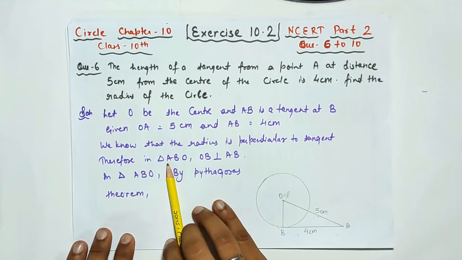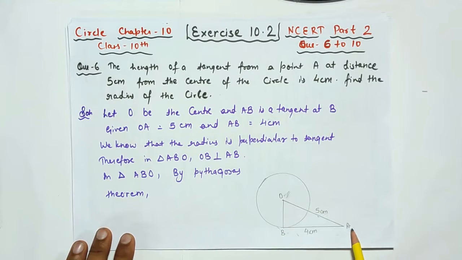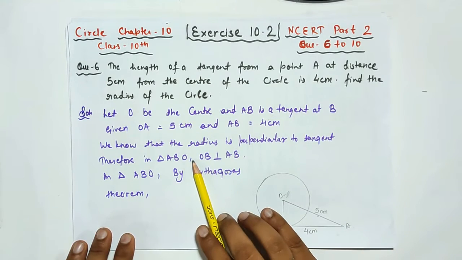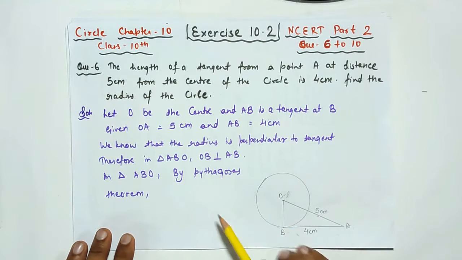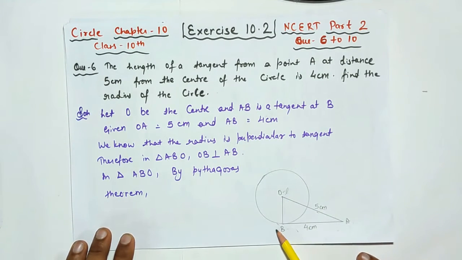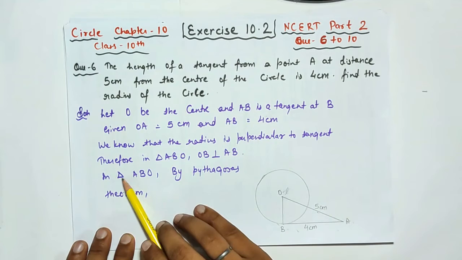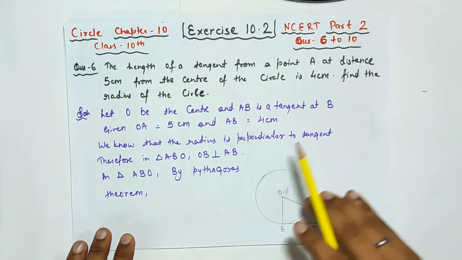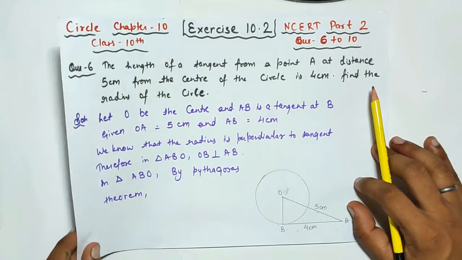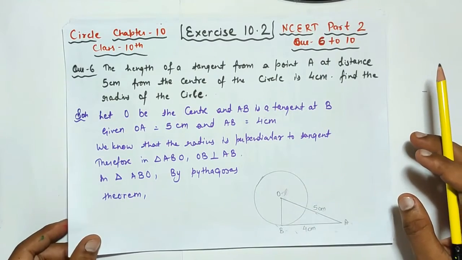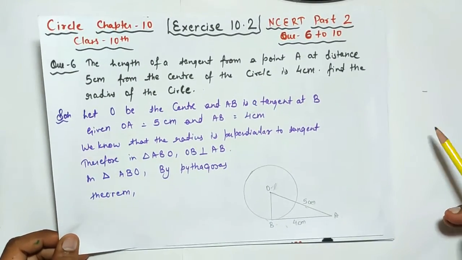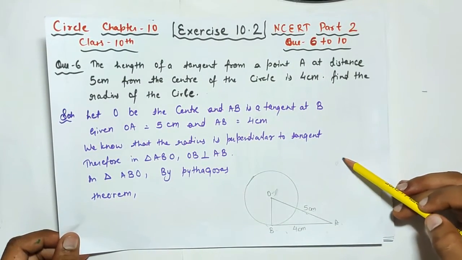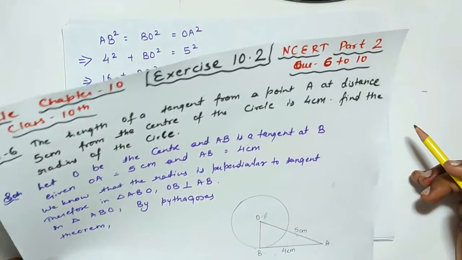Therefore, in triangle ABO, OB is perpendicular to AB. In triangle ABO by Pythagoras theorem. So now here we have to put Pythagoras theorem as we have done in earlier exercises and questions. Pythagoras theorem, a square plus b square is equal to c square.